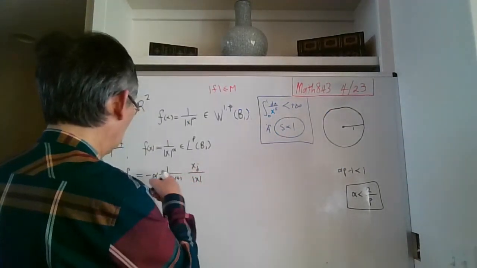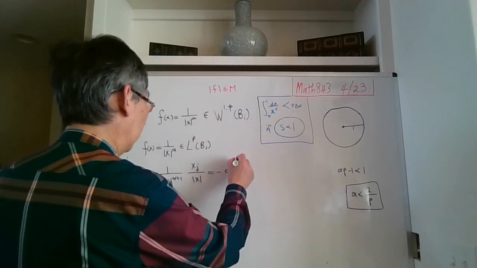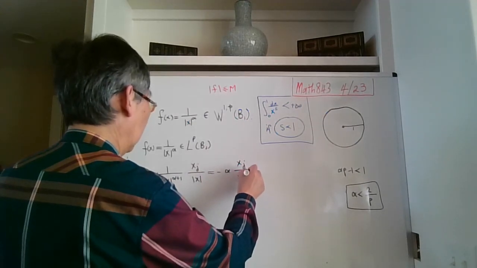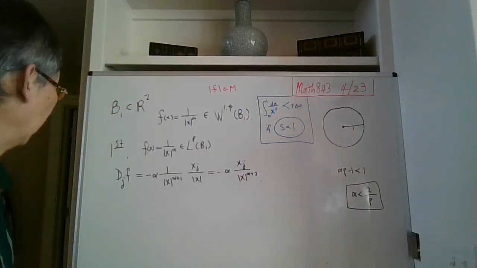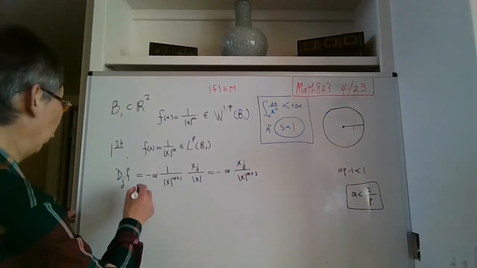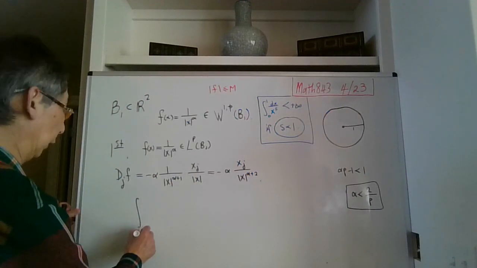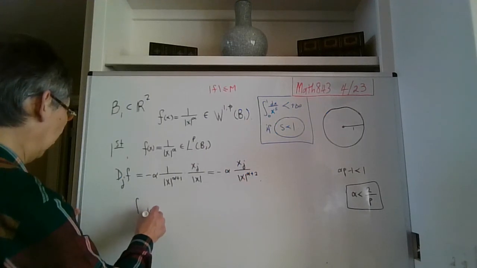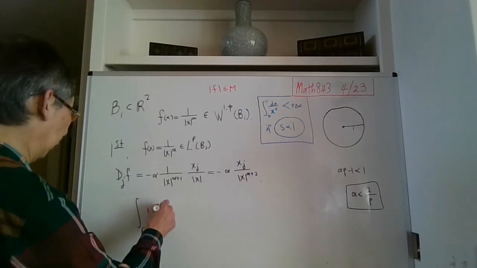Away from 0, the derivative is equal to minus alpha x_j over |x|^(alpha+2). Now we want to look at the estimate of the derivative, so we do this integration again over B1 of d_j f to the p-th power.